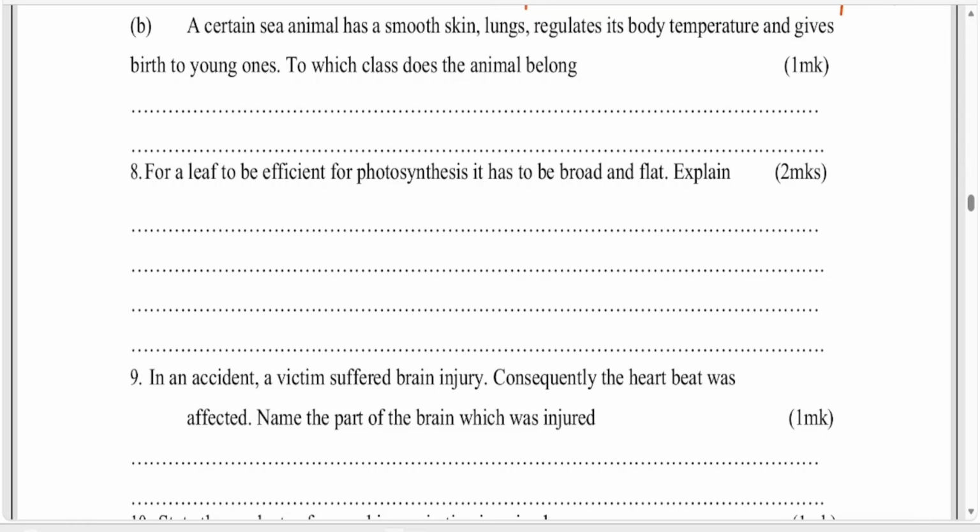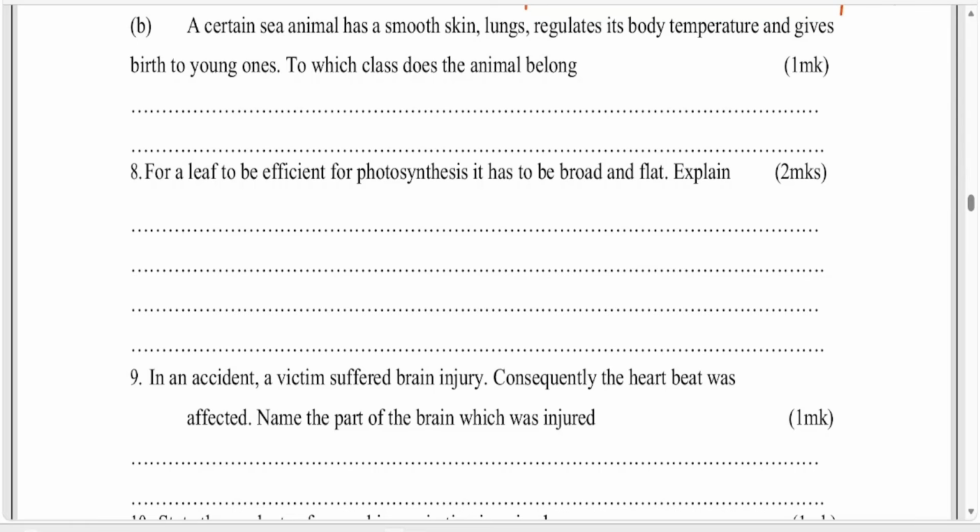Regulating body temperature and giving birth, those 2 statements alone are enough to help us classify this organism. And these characteristics are basically for a mammal. So the class is class Mammalia.